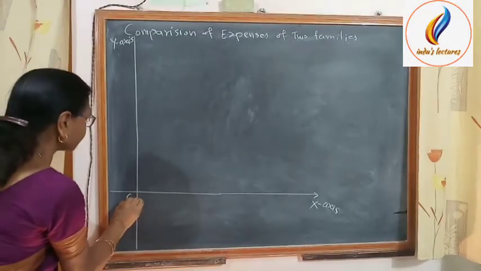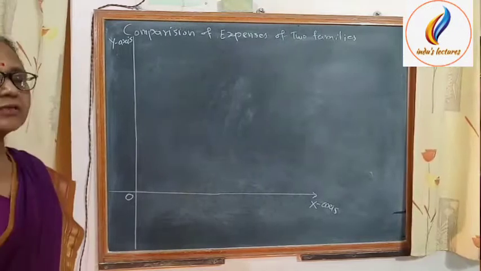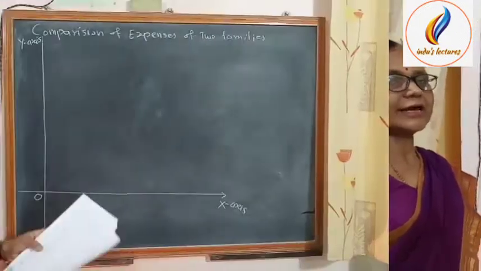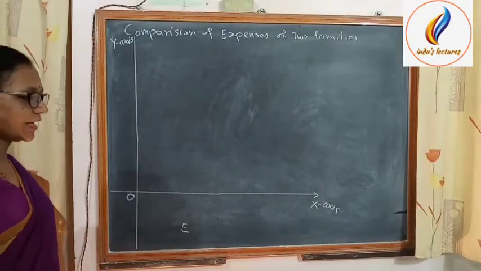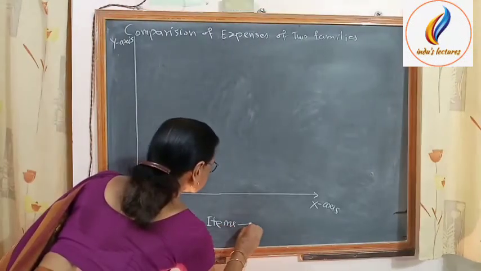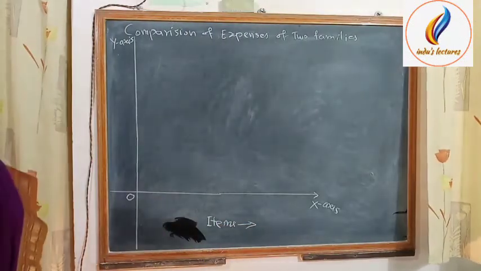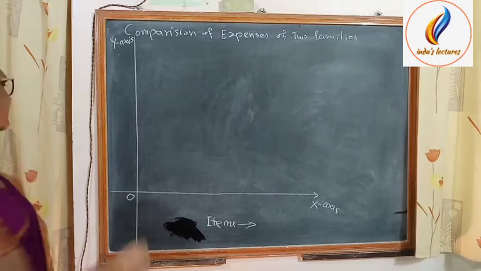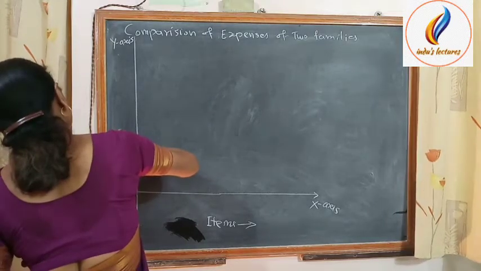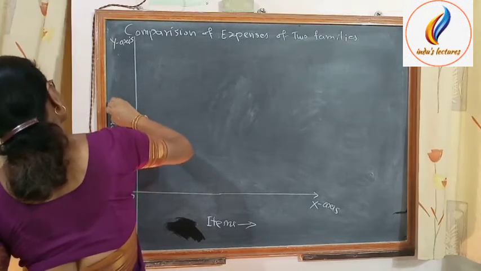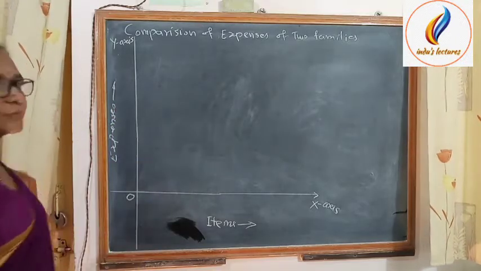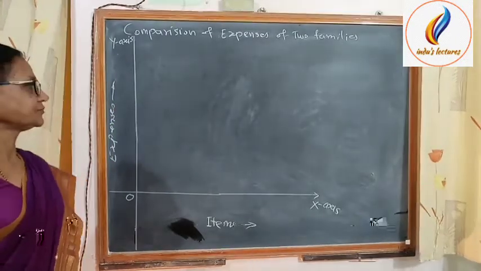Their point of intersection is the origin. Mention the measurement unit along the x-axis. We will take items, and along the y-axis we will take expenses. Expenses are given in rupees.